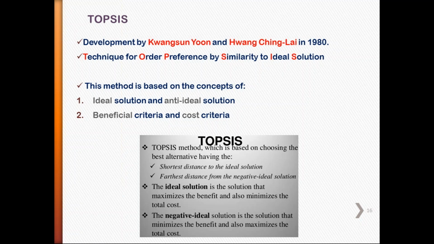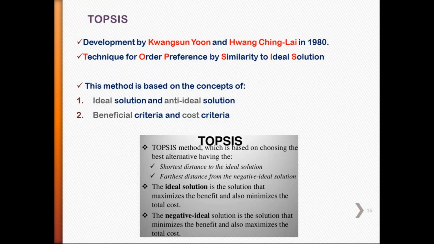Then what is ideal solution or ideal alternative? Ideal alternative is one which maximizes all benefit criteria and minimizes all cost criteria simultaneously. Ideal solution maximizes benefit criteria because for benefit criteria higher is better. Ideal solution minimizes cost criteria because lower is always preferred.